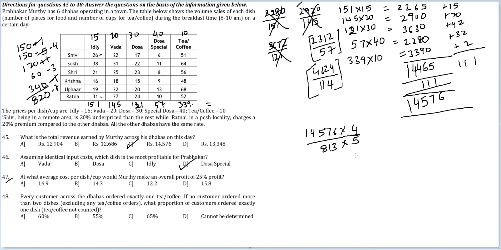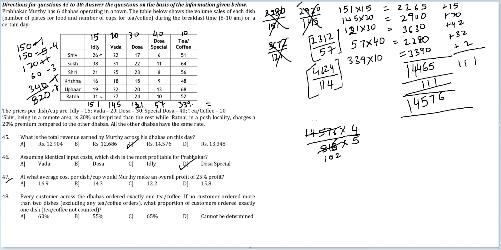812. How do I proceed here? This is so irritating. I'm making this 813 into 816 to make my life easier. I can cancel this by 8. I get 102. I can cancel this by 8.